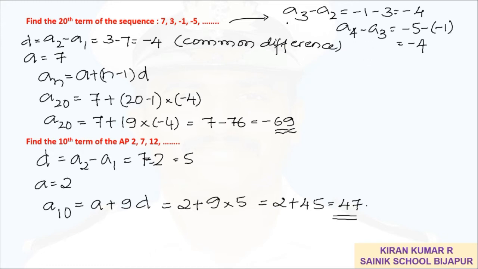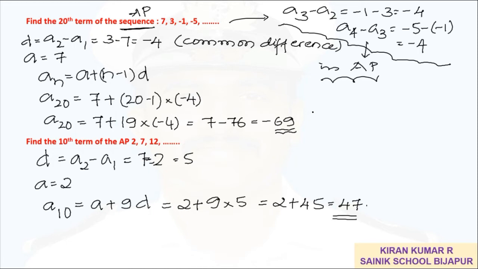So each time we are getting the common difference as minus 4. Therefore it is in AP. So I have used this formula. You need not be confused about it. Since this sequence is in AP, I have used the formula a20 as a plus 19d.